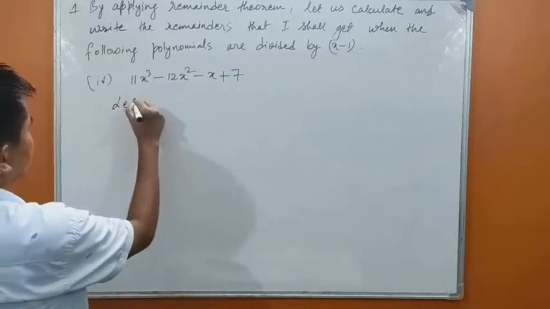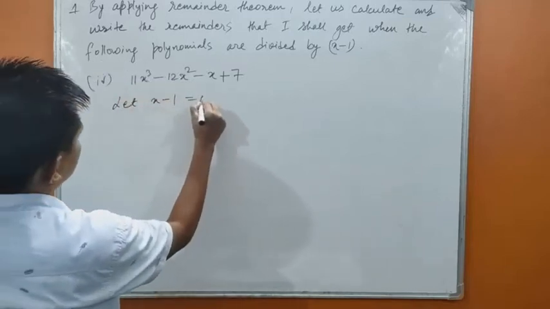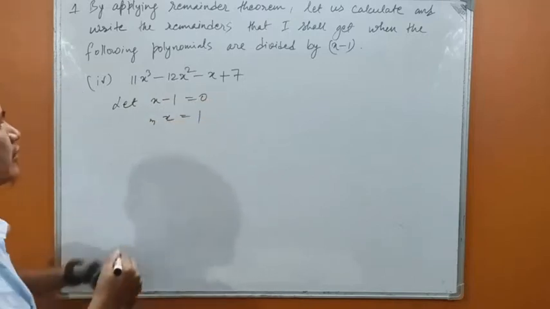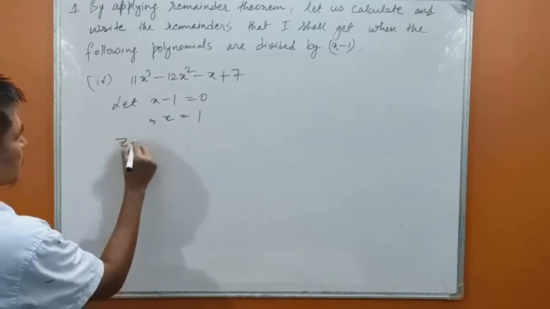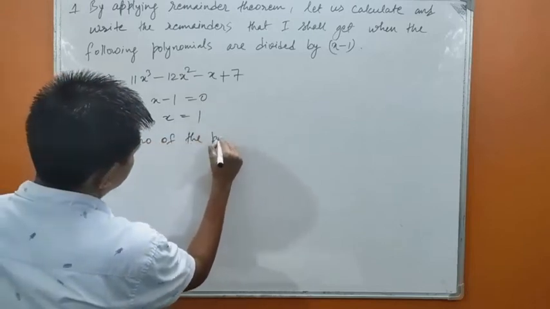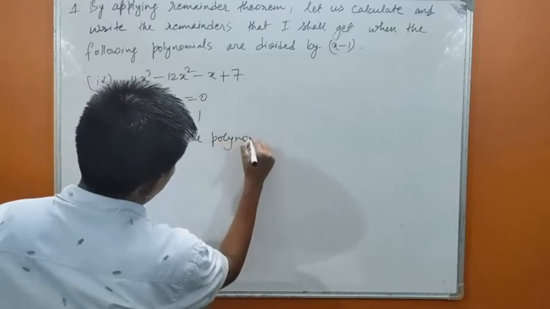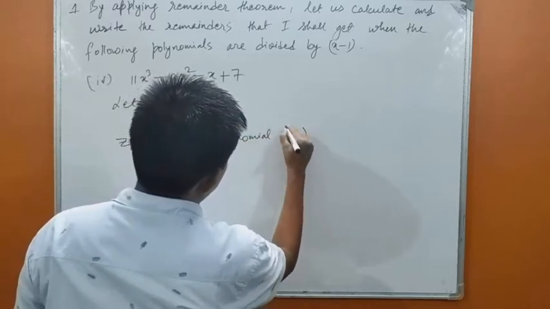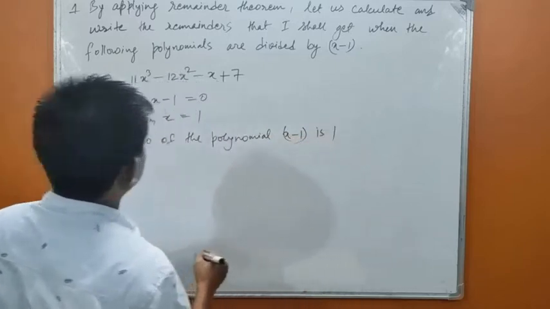Let x minus 1 equals to 0 or x equals to 1. The same thing again and again. Zero of the polynomial x minus 1 is 1.